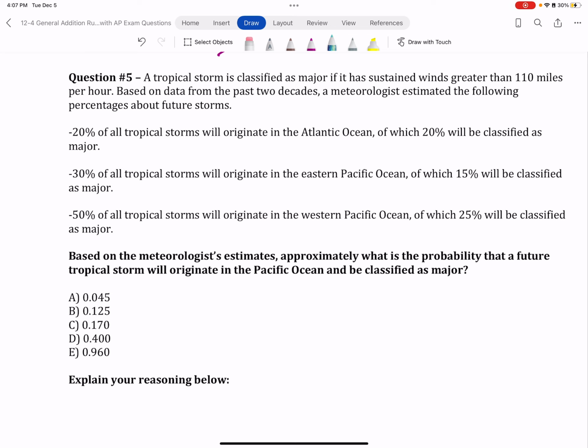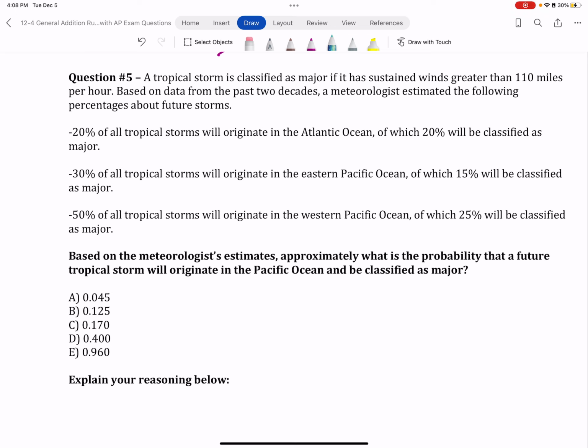Based on data from the past 2 decades, a meteorologist estimated the following percentages about future storms. 20% of all tropical storms will originate in the Atlantic Ocean, of which 20% will be classified as major. 30% of all tropical storms will originate in the eastern Pacific Ocean, of which 15% will be classified as major. And lastly, 50% of all tropical storms will originate in the western Pacific Ocean, of which 25% will be classified as major.